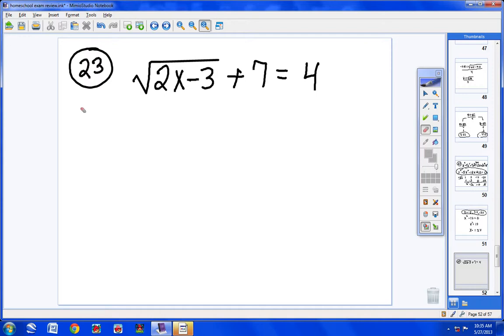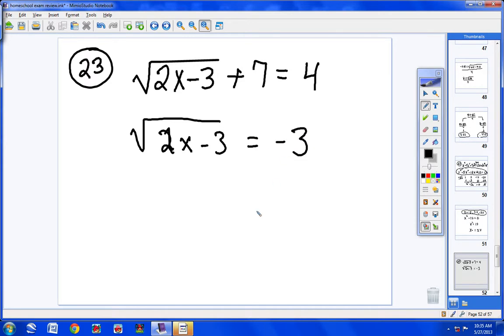Your steps are on that page in your notes, after January 17th, page 47. Okay, the first thing you want to do is get the radical all by itself. So you want to subtract 7 from both sides, or move the 7 over and make it negative. When you do that, you will get this right here.